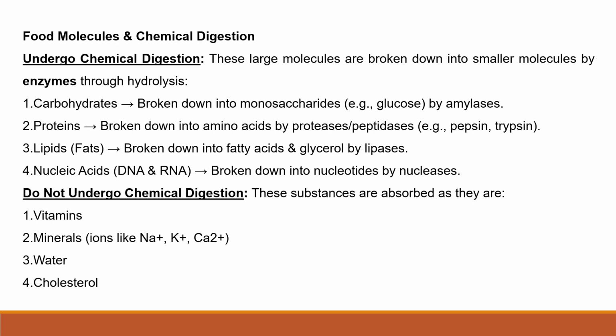A few of the molecules need to undergo chemical digestion, and others don't need to undergo any kind of enzyme reaction or chemical digestion. First, we can see the larger molecules are broken into small molecules with the help of enzymes through the hydrolysis process.